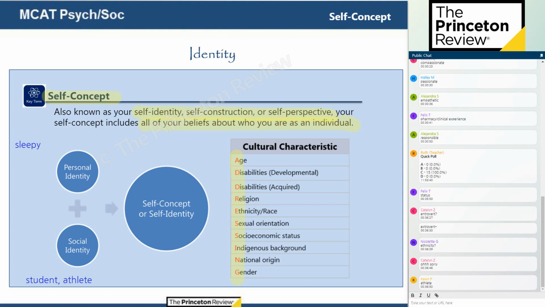Who we are by age, disability status, religion, ethnicity and race, sexual orientation, socioeconomic status, indigenous background status, national origin, and gender, all really important for people to identify who they are and how they then interact with the world and you as a potential physician.